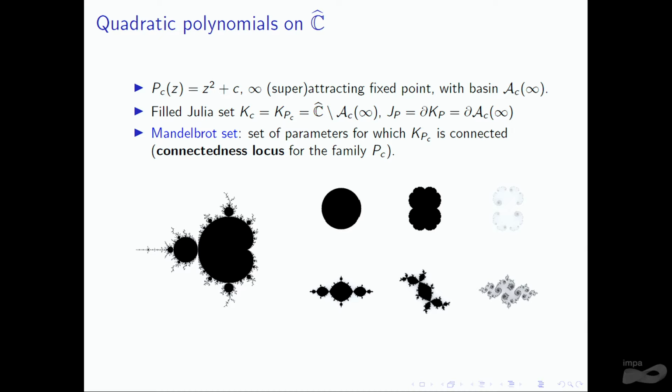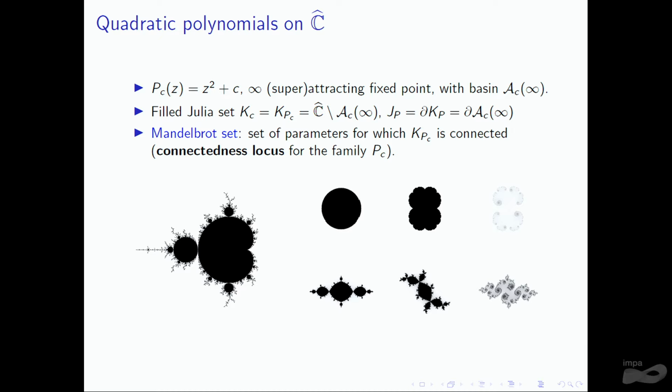We define in this setting the Mandelbrot set, which is this object we are very, very interested in, as the set of parameters c for which the filled Julia set is connected. So the Mandelbrot set, this guy, is a set of parameters.